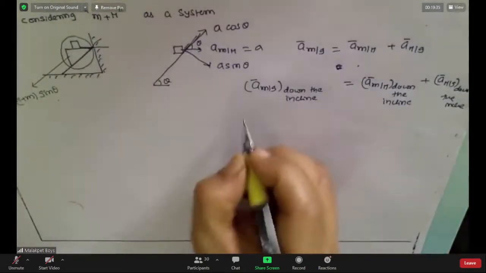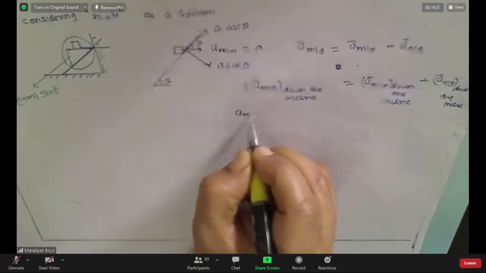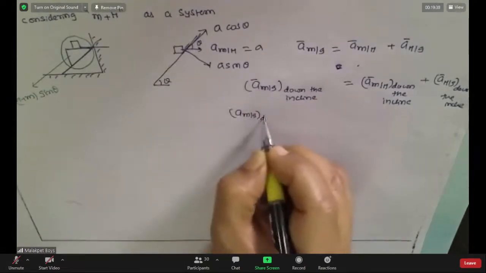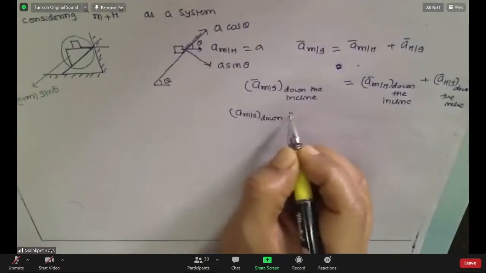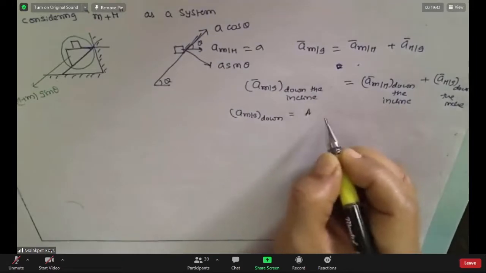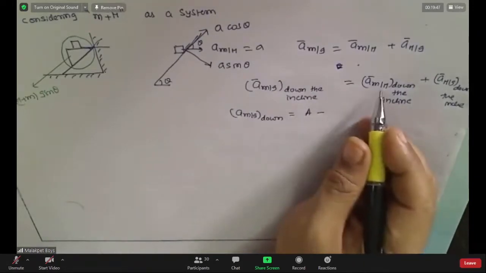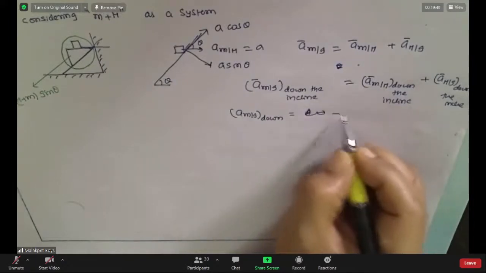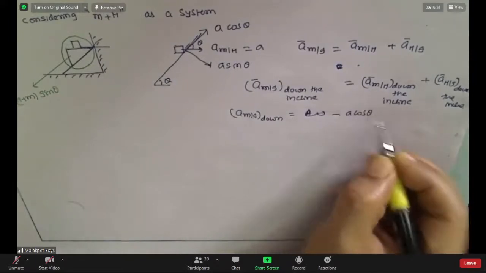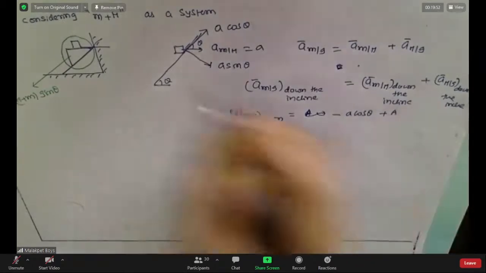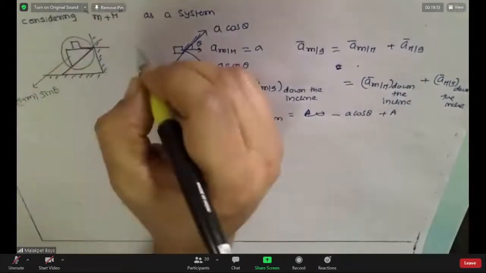So you want to know this down the incline, and write down. This is nothing but A. This is nothing but minus A cos theta upwards, no? And this is A, if I take the incline as positive.